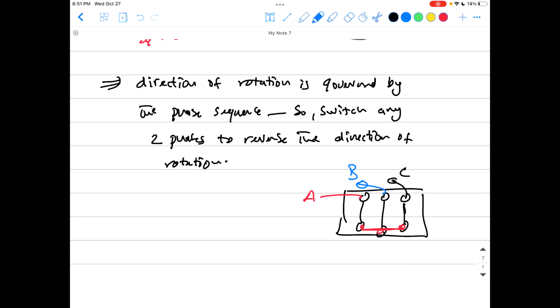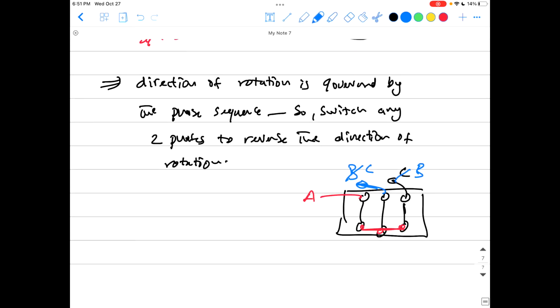If you switch any two of them, usually you switch B and C, so rather than connecting this one to B, now connect it to C, and this C connected to B of the supply, you will be reversing the direction of rotation. So rather than clockwise, for example, it will be anti-clockwise. That's basic information to have in mind.